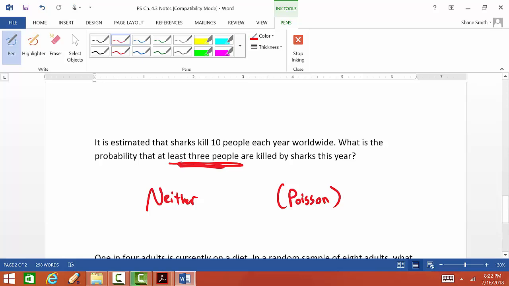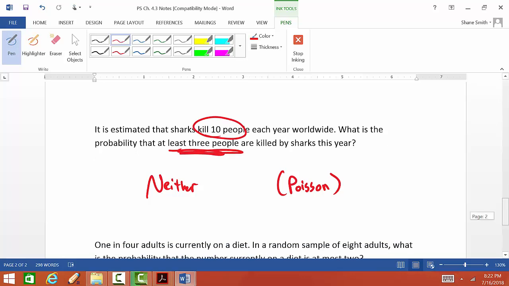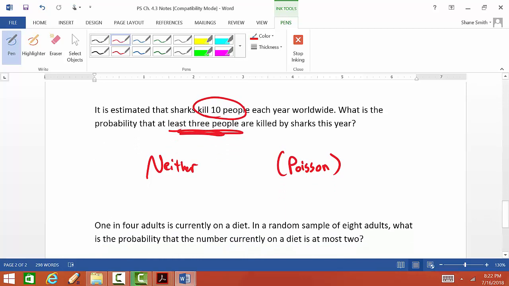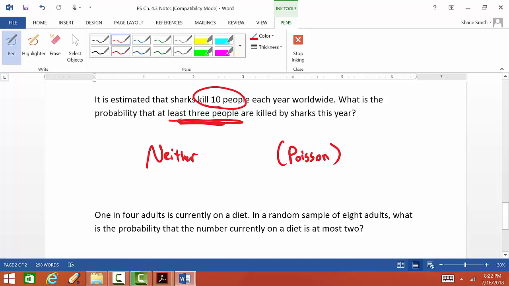But the thing is there's no number of trials. This is actually the average number of people that get killed. It's not telling you a probability of success. It's not telling you how many times you're trying to see if someone gets killed. You know, which would be kind of morbid, like you're just throwing people in the water until they get eaten by a shark, which is kind of weird.